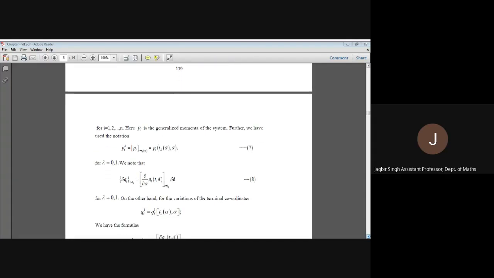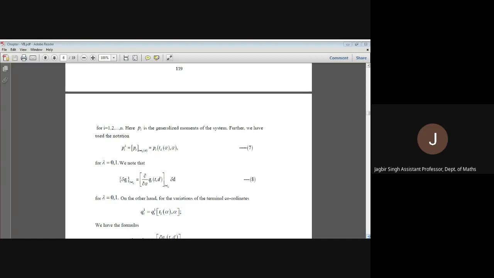Now let's obtain this one. The del Qi at T is equal to T lambda. It's the variation of Qi at the point T is equal to T lambda. So it will be variation of Qi with respect to alpha at T is equal to T lambda and delta alpha, for lambda is equal to 0, 1.